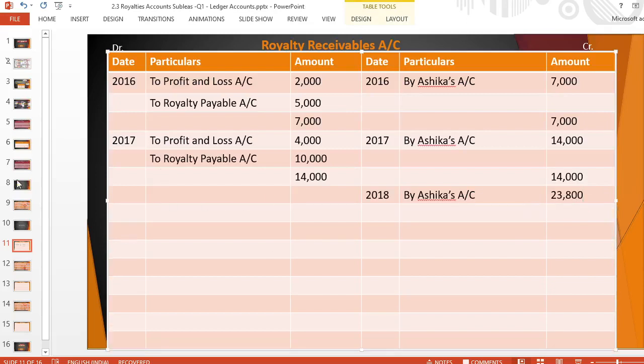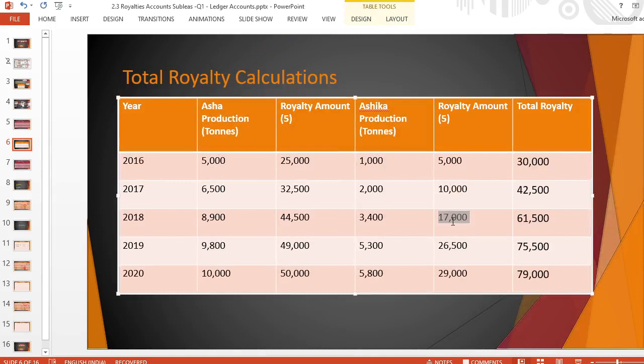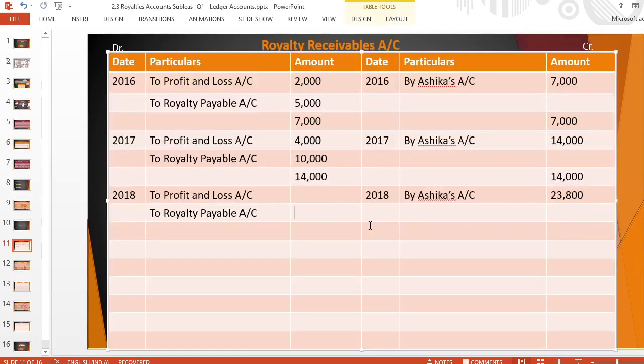And here I should repeat the transaction for the year 2018 to profit and loss account and to royalty payable account. So here I'll check the royalty payable balance for the year 2018. So 17,000 rupees. So this represents the adjusting amount, 17,000 rupees.